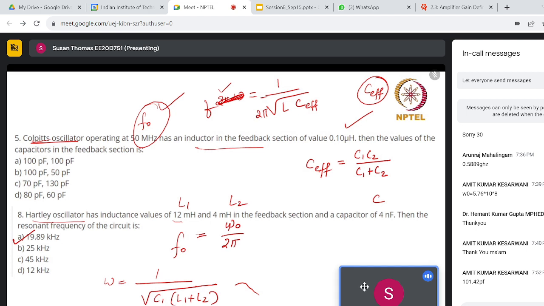I think there is a mistake in the options. Just do not look at the options. So to get 100 picofarad as effective capacitance, you can choose 200 picofarad, comma, 200 picofarad. Then you can get the effective as 100.